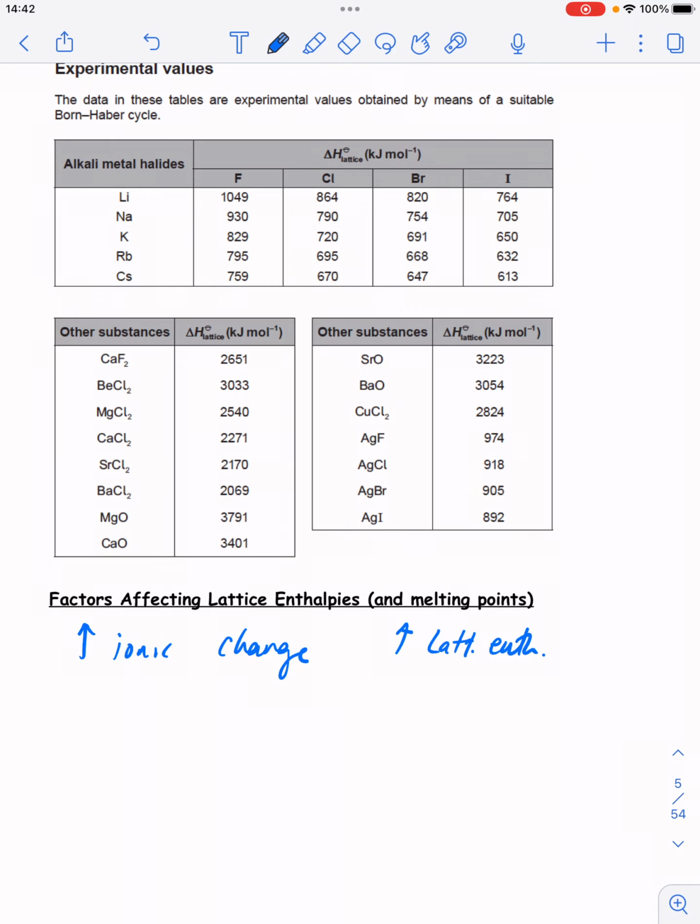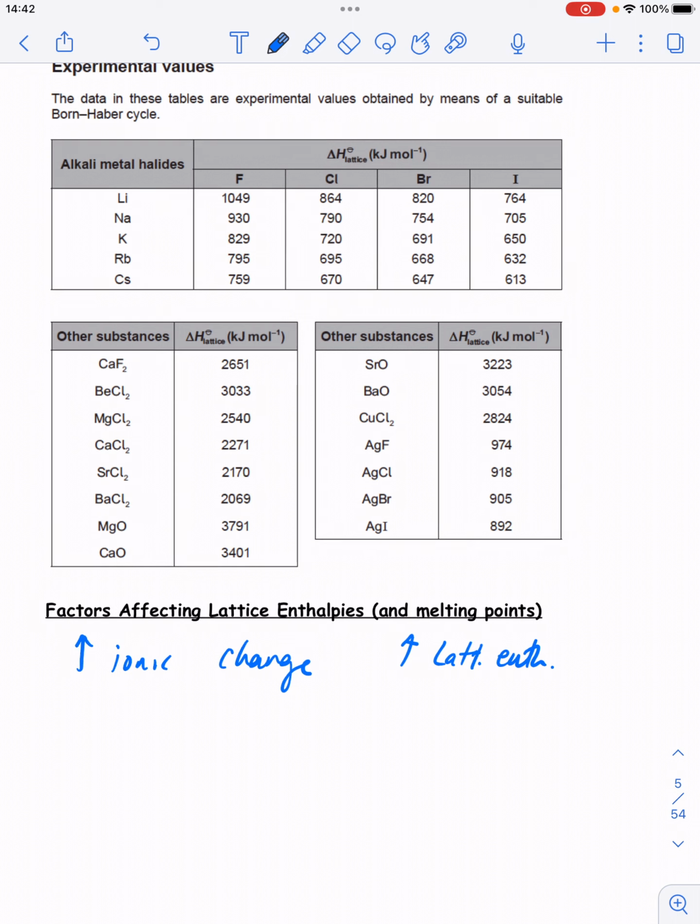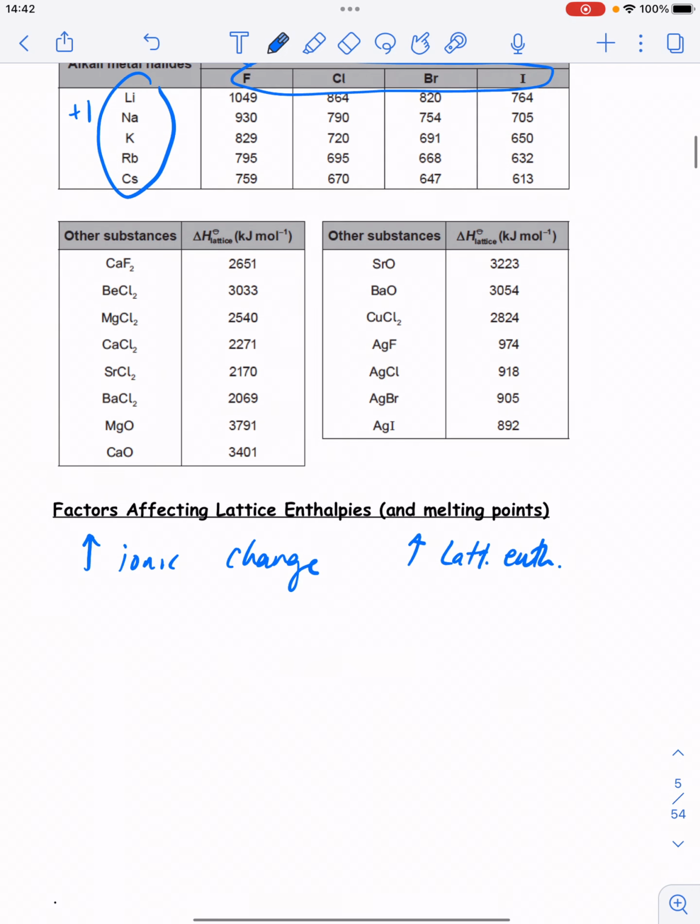And I can see that if I compare the first table here, which has alkali metal halides. So all of these ions are +1, and all of these ions here are halogen ions or halide ions, so they all have a -1 charge. Now, if I compare that to things in the tables below, in here, all of these metals have +2 charges, and then down here with oxygen, I have 2- charges, and then here I've got some +2 ions again, and here I've got oxygen with this 2- charge.